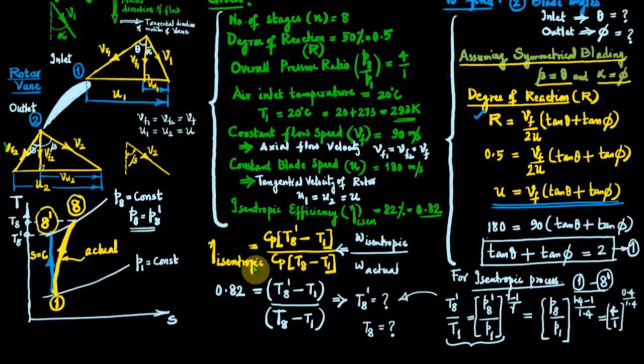So if V1 is the absolute velocity of air at inlet to the compressor, and V final or V out, let it be V8, is the absolute velocity of air at outlet of the compressor, then if you assume that V1 is equal to V8, we can write down the isentropic relations, and even the work done expression, in terms of static temperatures.